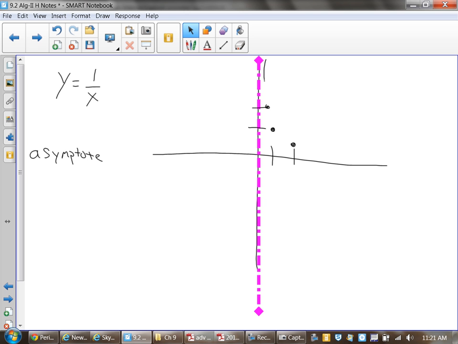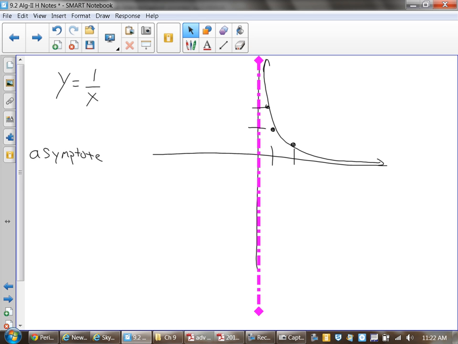So basically, it's this curve, going like that. Every time you divide 1 by a smaller and smaller fraction, you're getting a larger and larger number. And as x gets larger and larger, the fraction gets smaller and smaller. It's never going to reach 0. Same thing on the other side.